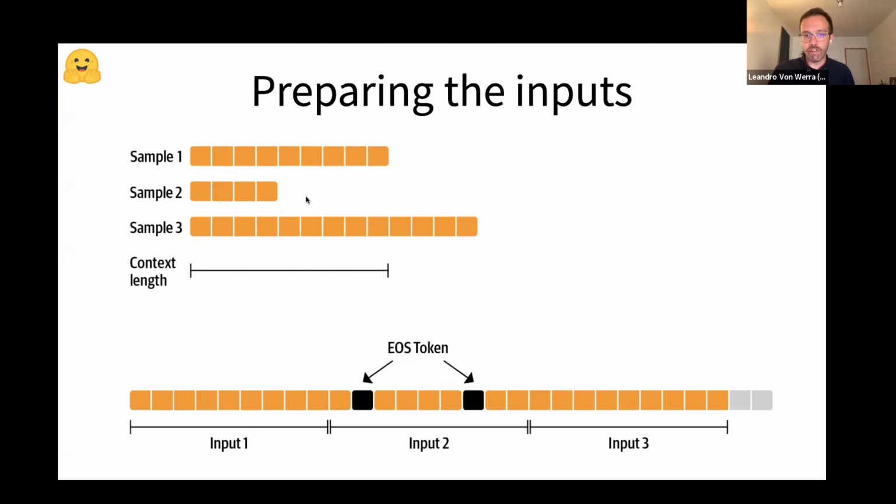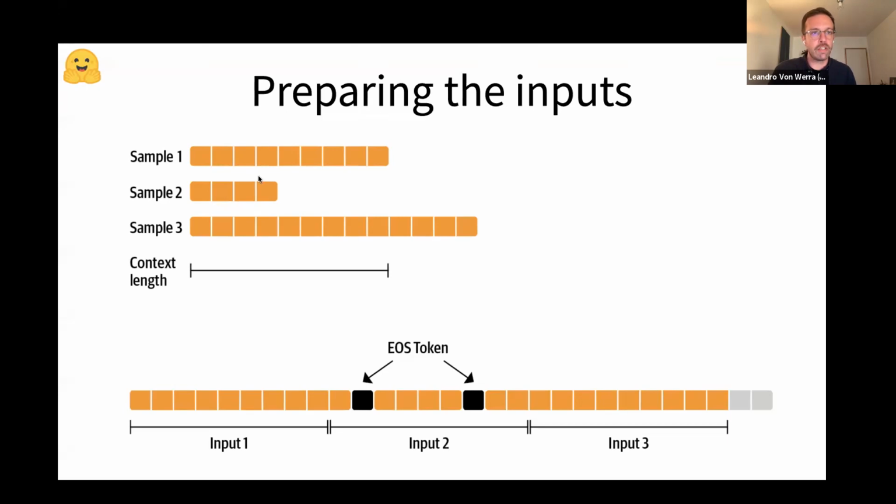But the transformer architecture has a fixed window length, or context length. That context length essentially says what's the longest sequence the model can look at at the same time. During pre-training, you essentially always want to max out that context length, so you want to feed in sequences that are as long as possible for the model to train.